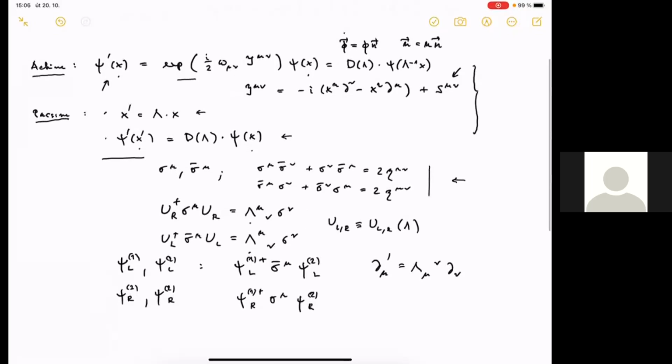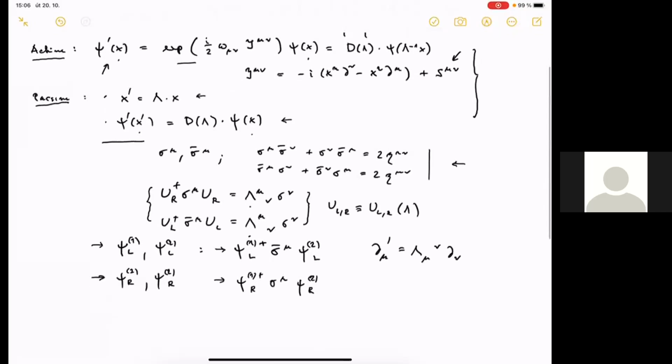relations. And we have found that using the matrices of the left or right spinor representation, we got such relations which allowed us to construct from two left spinors something which transforms like a 4-vector, and in the same way from two right spinors we obtain something which transforms like a 4-vector.